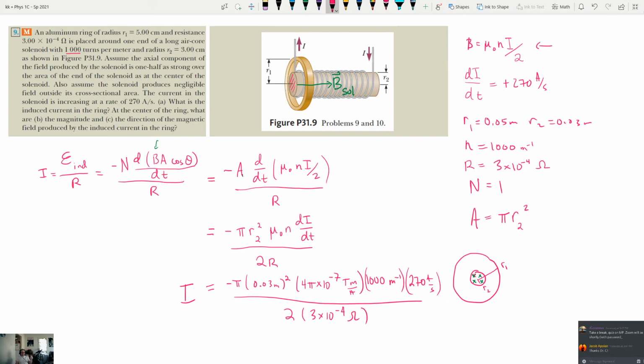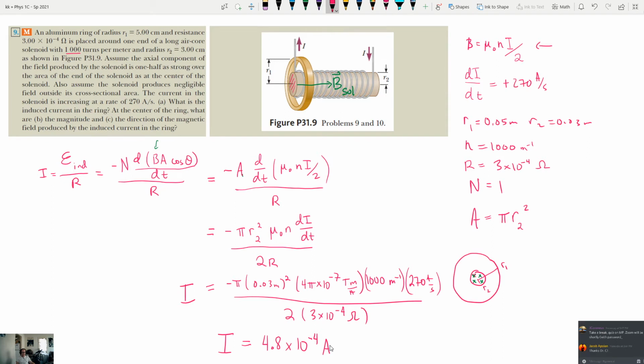You all get like 4.8 times 10 to the negative fourth. Oh wait, no, that's the EMF. Sorry. The current would be 1.6.